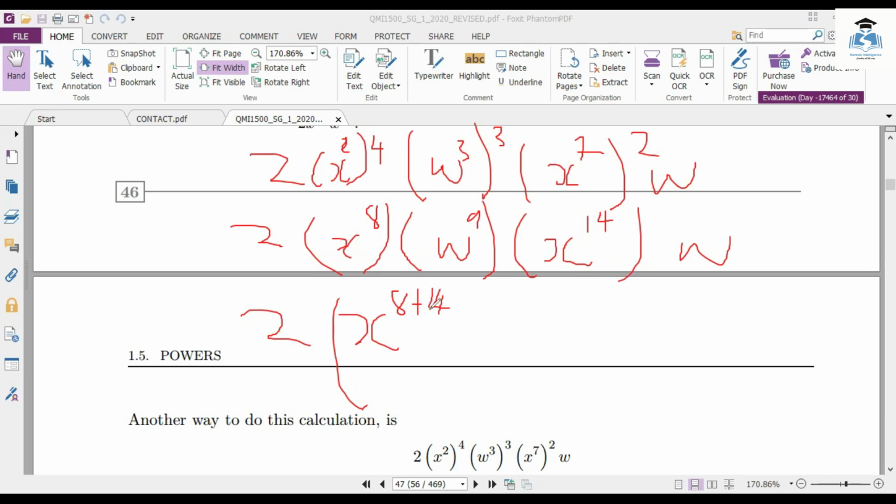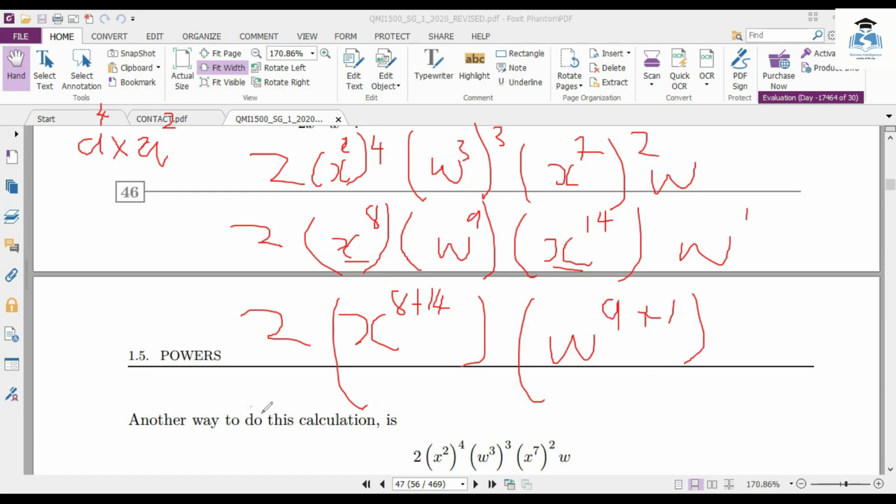Because remember, I said a to the power 4 times a to the power 2, we just add the exponents, and the base remains the same. So for the base x, we add the exponents, and for w, 9 plus 1.